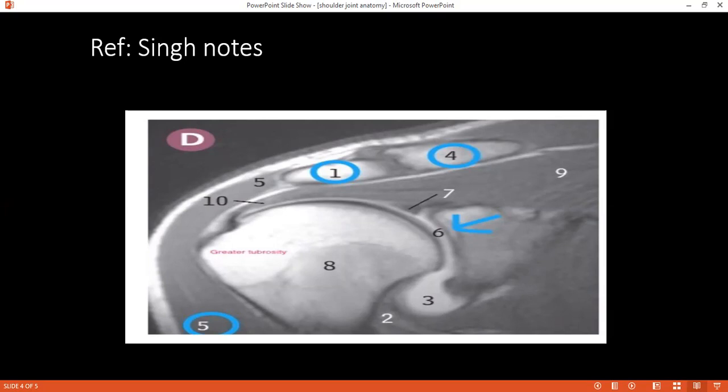And the supinator we check around 4 centimeters proximal to the base of the thumb on the radial side. The root values for biceps are C5, C6, and for the triceps C7, C8, and for the supinator C6, C7.